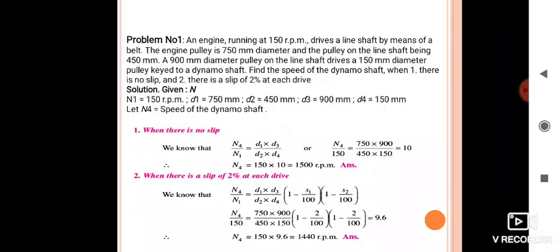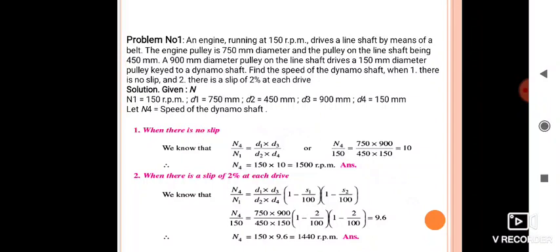If slip of 2% at each drive is added, you have to use this formula: n4 by n1 is equal to d1 into d3 divided by d2 into d4, into bracket 1 minus s1 by 100 close the bracket, and 1 minus s2 by 100. Solve these and you will get n4 equal to 1440 rpm. Both are near to each other, which means our answer is correct.